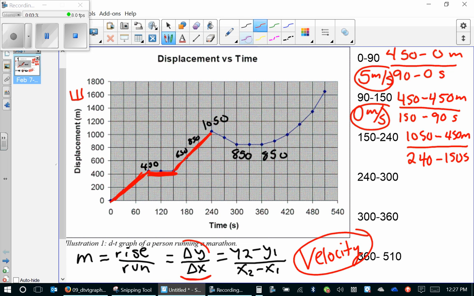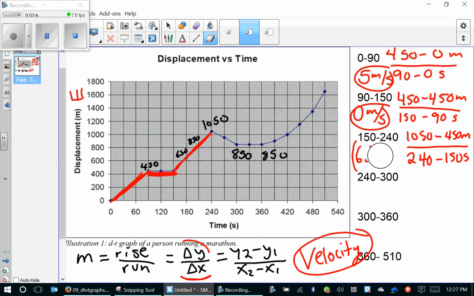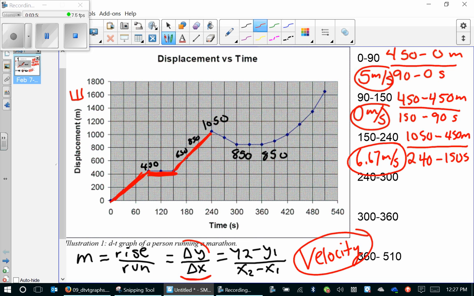So 6.66. Actually, probably 6.67 is what we would do with significant figures. Okay. Notice this is steeper than this portion. So we're running faster. We have more of a velocity.